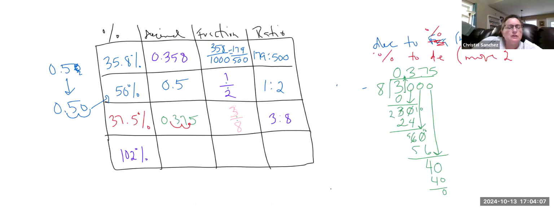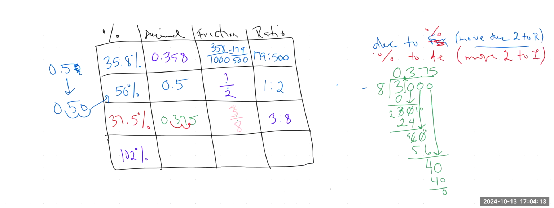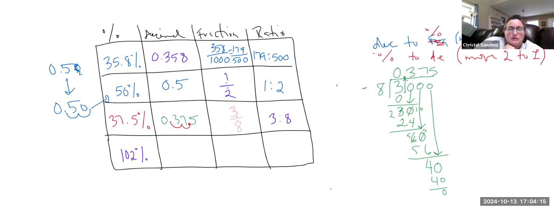Okay, so where is my decimal in 102? Behind the 2. Okay, so behind the 2. So if I'm going to move 2 places to the left, I got 1, 2. So my decimal would be 1.02. Make sense?